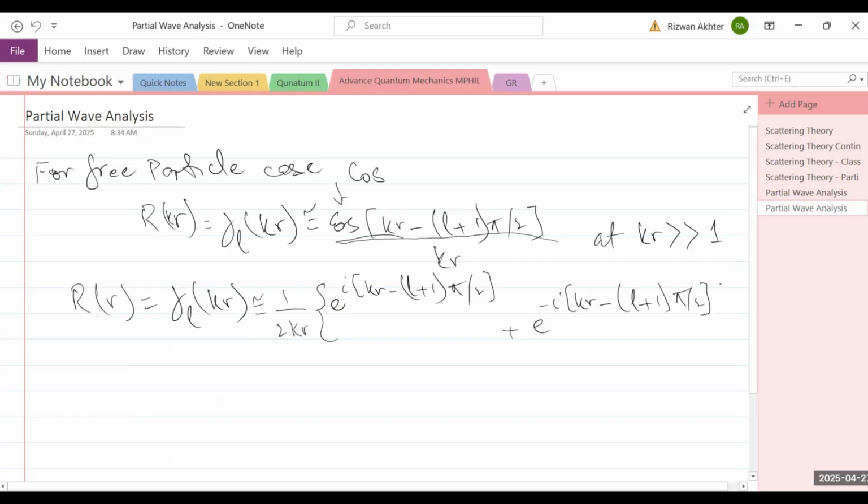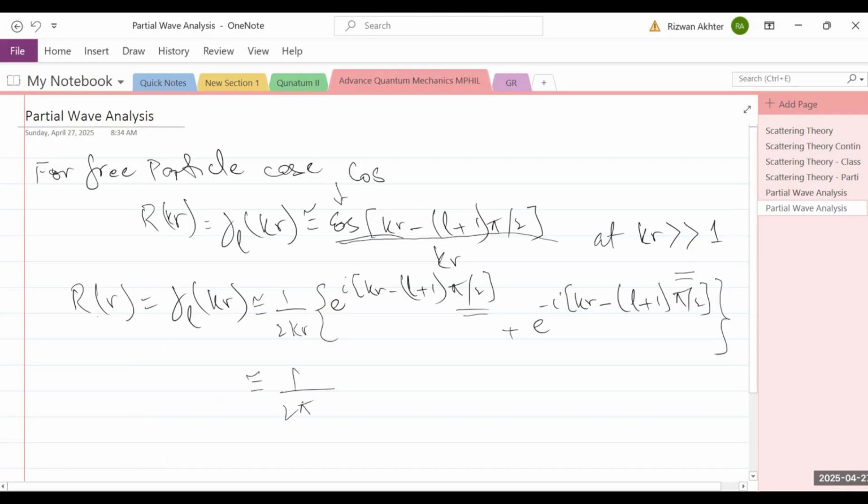And so this is basically the exponential form of this cosine function. And then you can think about this factor, this pi by 2 फैक्टर जो आपको यहाँ पर नज़र आ रहा है दोनों के अंदर, यहाँ पर भी और यहाँ पर भी pi by 2 फैक्टर है. हम इसको सेपरेट कर सकते हैं फ्रॉम this main exponential part.